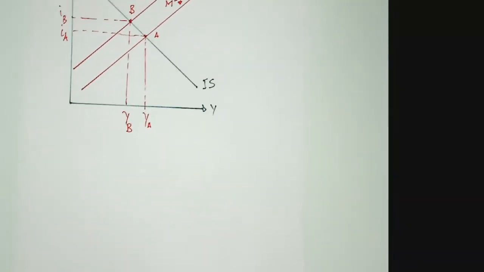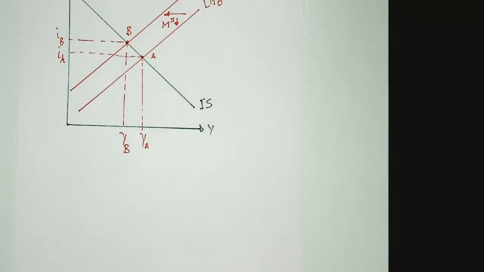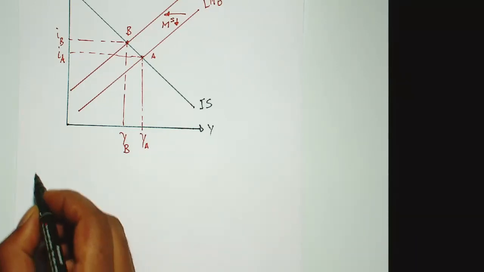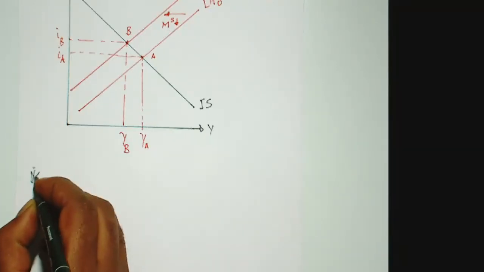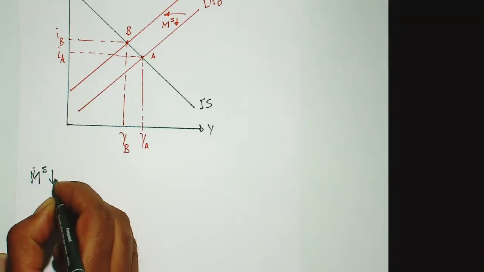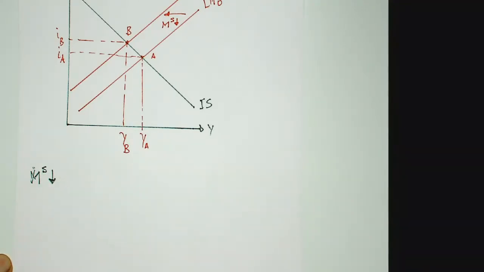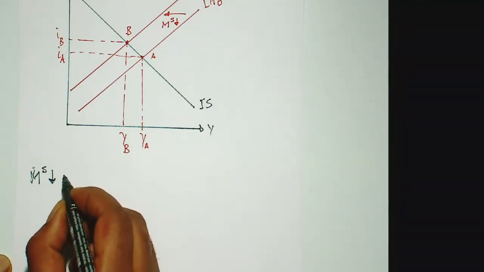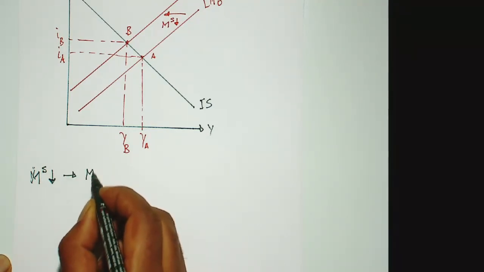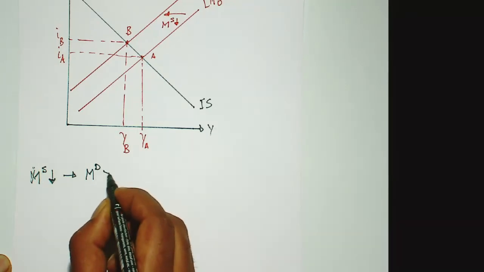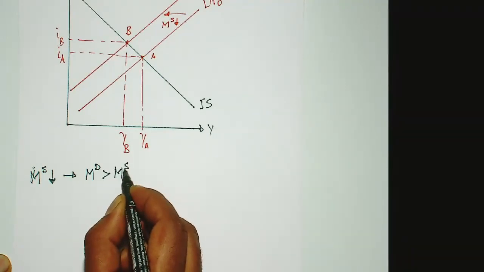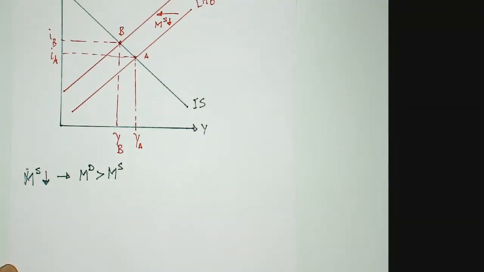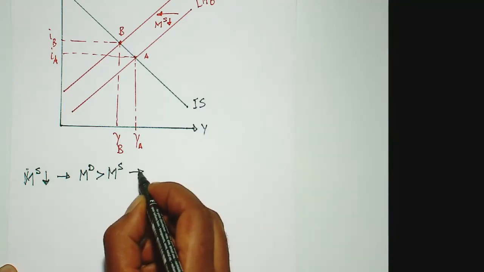For that, we would still have our graph staying there, and we would start our analysis by saying that money supply decreased as part of a contractionary monetary policy. So this is on the money market, which leads to money demand being greater than money supply when money supply decreases.